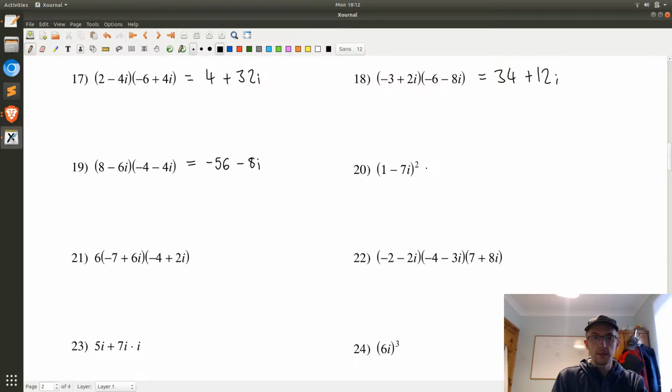There, like that. Okay, and here's something interesting. We're squaring a complex number. So you could write out the complex number twice and do FOIL. But let's think about it more generally. Whenever you get patterns, you want to look for them, or the possibility of patterns.